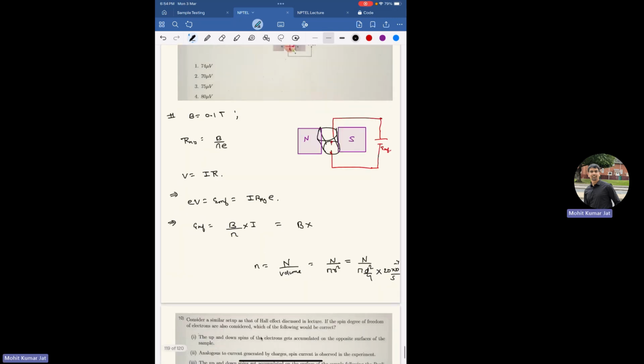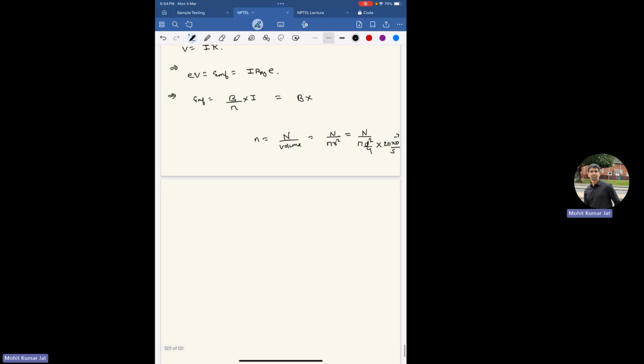Current is nothing but charge going through an area, right?